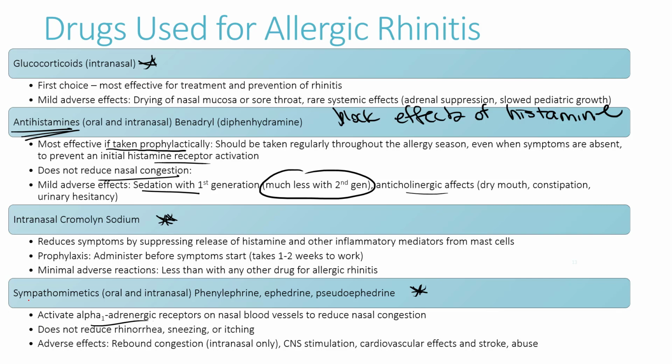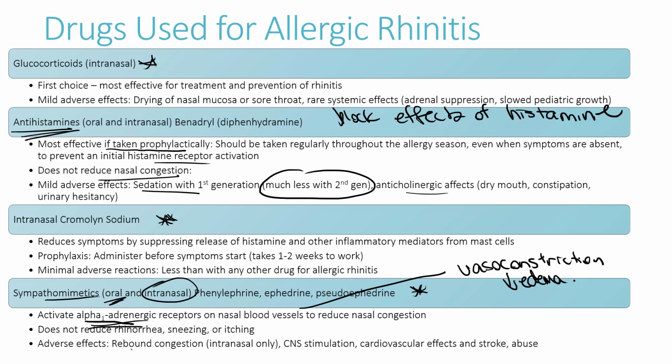Now, the other class of drugs that are used for allergic rhinitis but not for asthma attacks are a different type of sympathomimetics. This sympathomimetic basically activates alpha-1 adrenergic receptors on nasal blood vessels. What these alpha-1 adrenergic receptors do is cause vasoconstriction of the blood vessels in the nasal passages to decrease edema and that stuffiness of the nose. And you can see here that it can be either intranasal or oral.